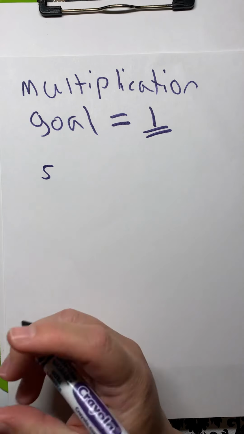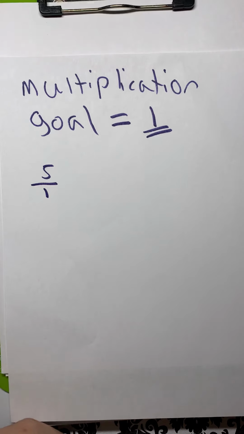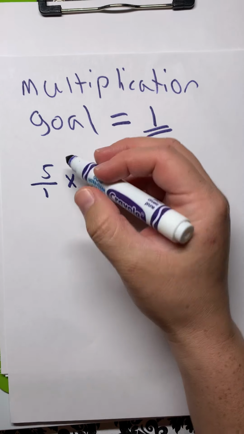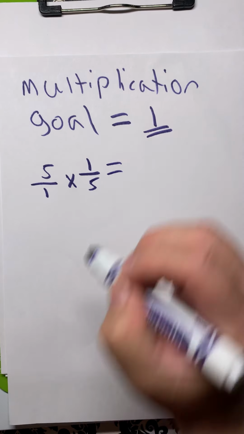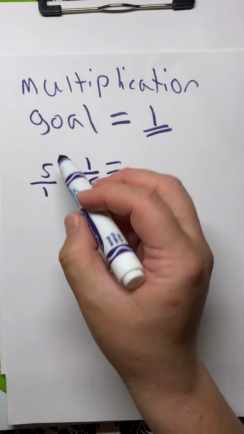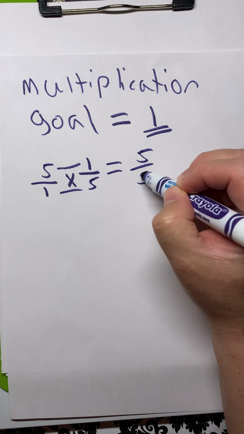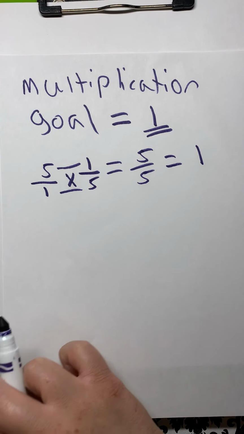The reciprocal means that we're going to flip it, so that we all know that this is also 5 over 1. When we multiply it by the flip, which is 1 over 5, it cancels itself out. So here, if you did top to top, bottom to bottom, you're going to have 5 over 5, which just equals 1. So there was our goal in that instance.